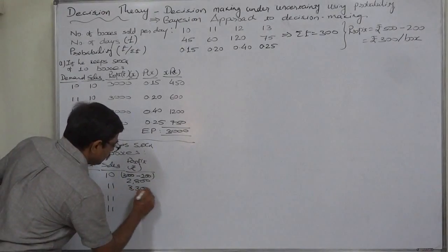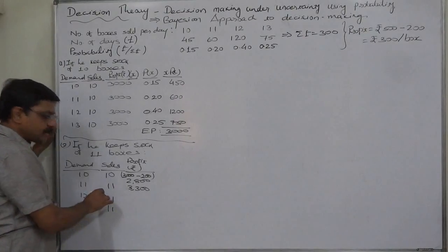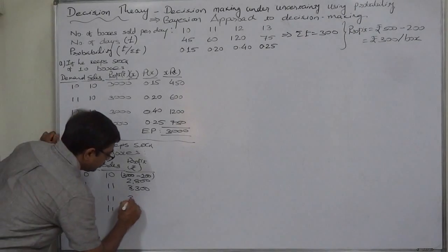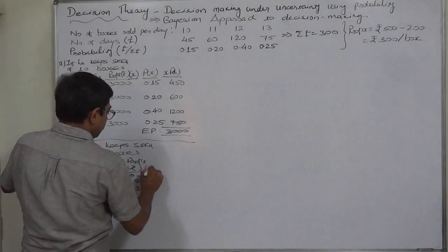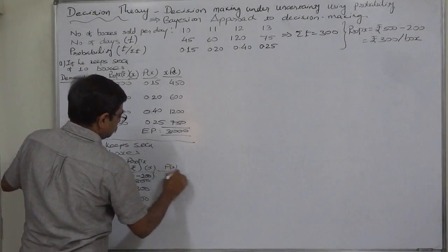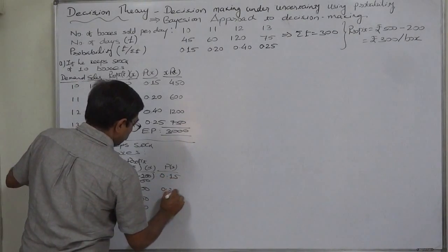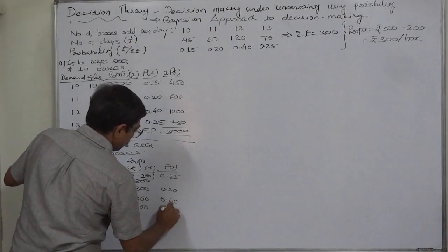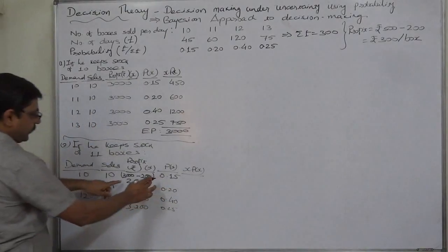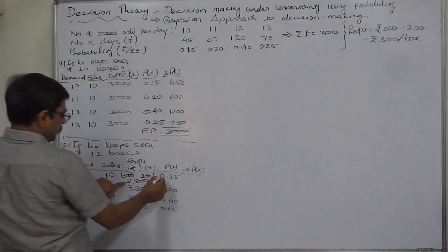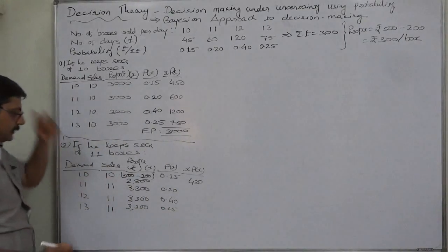No loss is to be written off. Demand 12 but stock 11, so sales will be 11, 3300. 3300. $420 will be his profit.